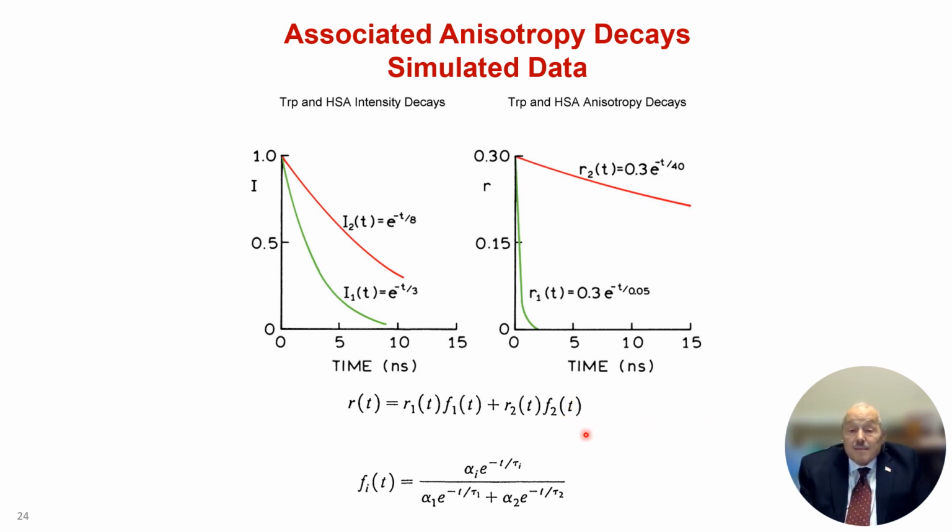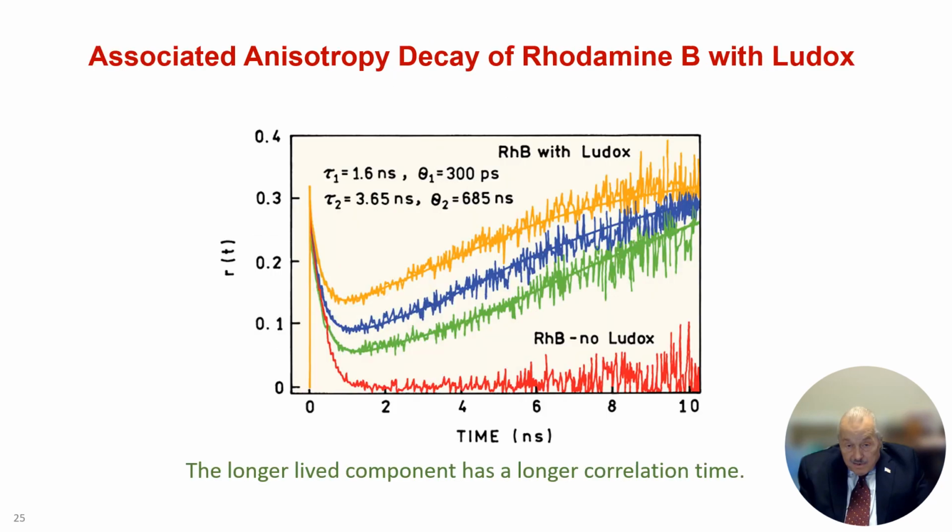And the best example of this is not a biological example, but a rather artificial one. And what can happen in an associated anisotropy decay is the anisotropy can start to drop down and then go up and increase again. And this might look artificial, but this has been observed in things like the amyloid protein that gets stuck in your brain and makes you forget things.